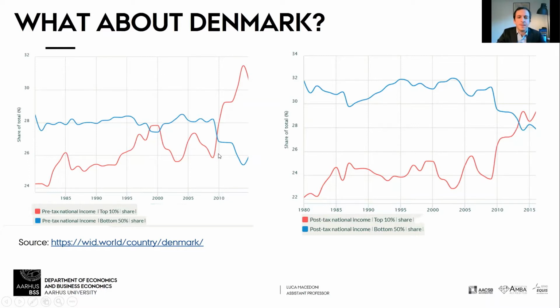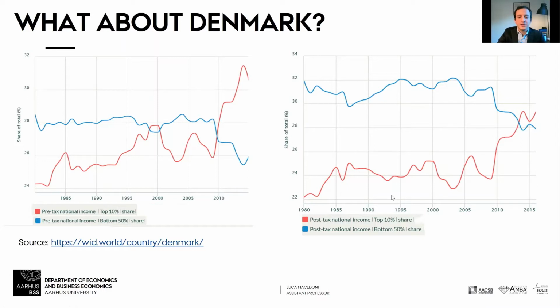Okay? If you look at the right panel, you see the post-tax national income. So when you compare the two figures, you see what it means to have a social democracy, or more generally, what it means to have a progressive tax system where the richer pay marginally higher taxes. Income inequality is dampened.